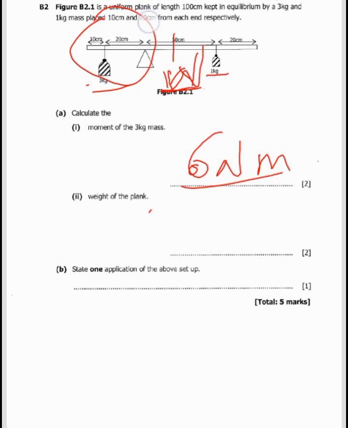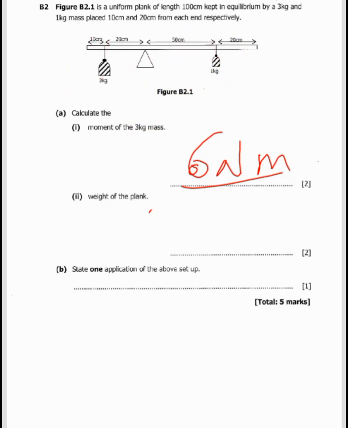So the moment we've calculated here must be equal to the moment produced on the other end, regardless of how many there are. We can add all the moments on one side and equate them to the clockwise moment on the other side. So let's start our calculations based on that.